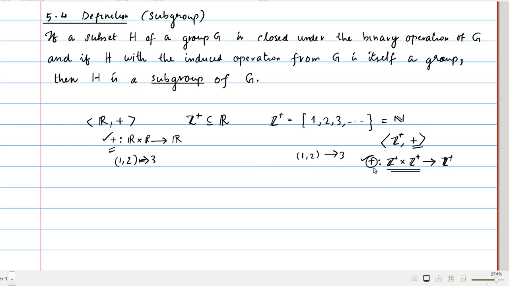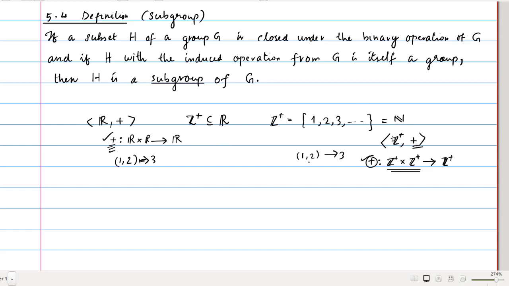In this case we call this plus the induced operation of that plus. That is the meaning of induced binary operation. That means we use the rule from this plus to assign the elements for these ordered pairs. The rule is the same, but the domains of these two binary operations are different. Such an operation is called an induced operation.